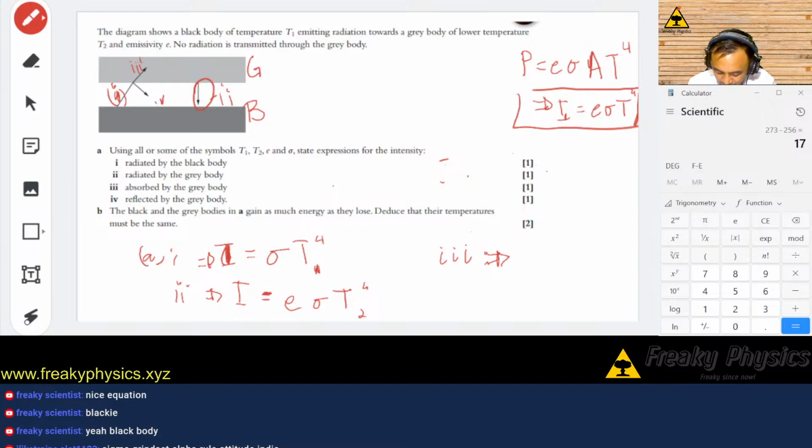So for part 3, how much does it absorb and how much does it reflect? I think it absorbs. I think it kind of refracts it as well.